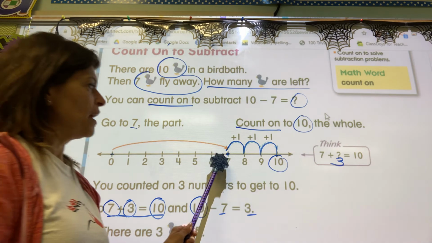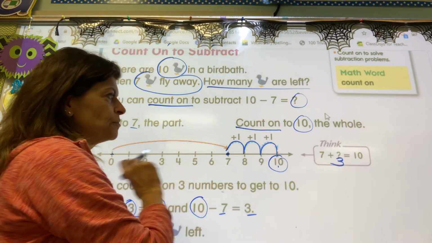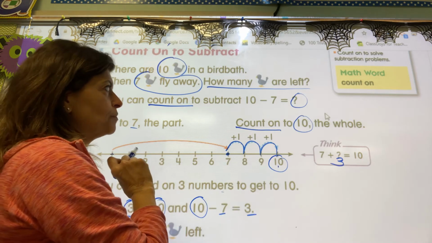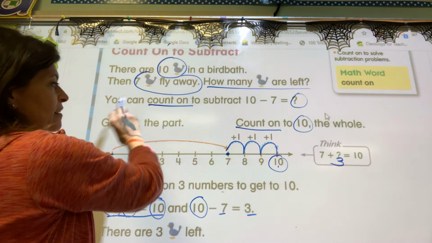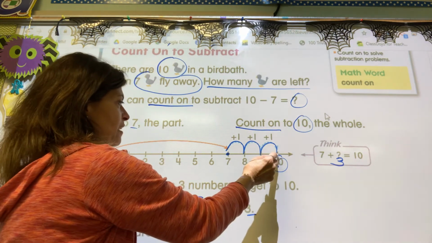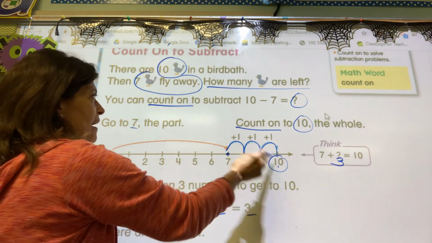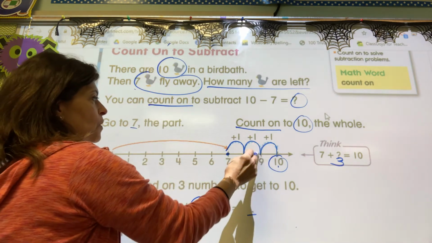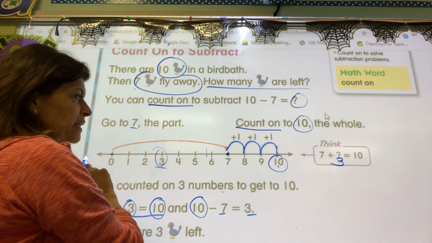You can start with one number and count on to get to the big number, to your whole. Or if we looked at 10 and then 7 birds flew away, you could always start at 10 and then we could always count back, couldn't we? We could count back 7. 1, 2, 3, 4, 5, 6, 7, and we would land on 3.